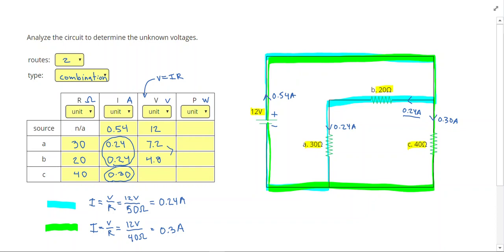So 7.2 plus 4.8 gives me 12. For C, if I do 40 times 0.3, I get exactly 12 volts, which makes sense. If I got 12 volts from the battery, all that voltage is going to be used at C.